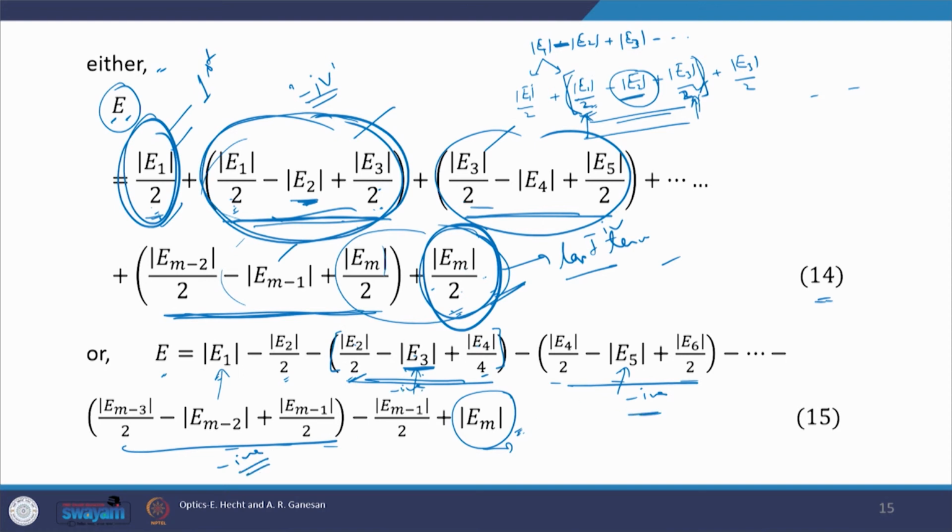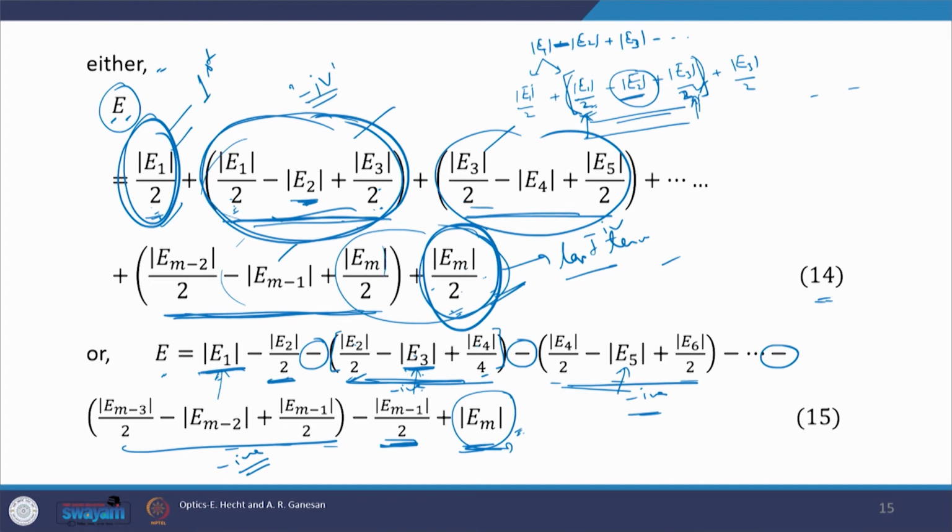All these terms are negative, but before all these negative terms we have a minus sign. Therefore, all these bracketed terms would be positive. Now, what are the free terms in equation number 15 which do not have any bracket? E1, mod of E2 by 2, mod of EM minus 1 by 2 and mod of EM. These four terms do not have any bracket, and all these bracketed terms are positive.